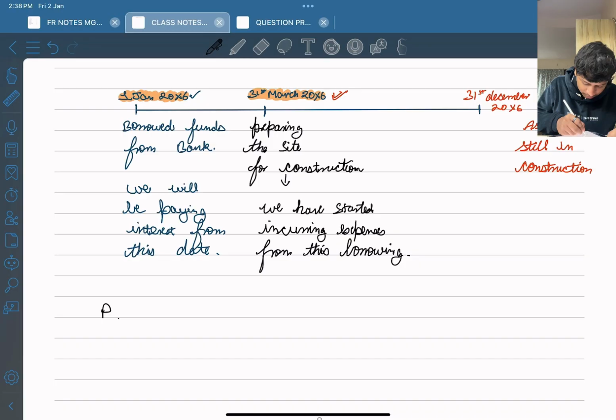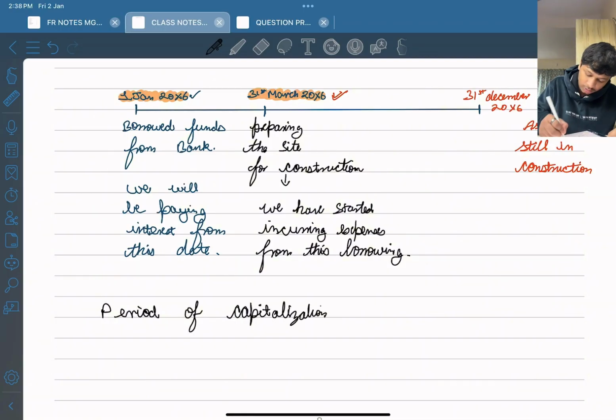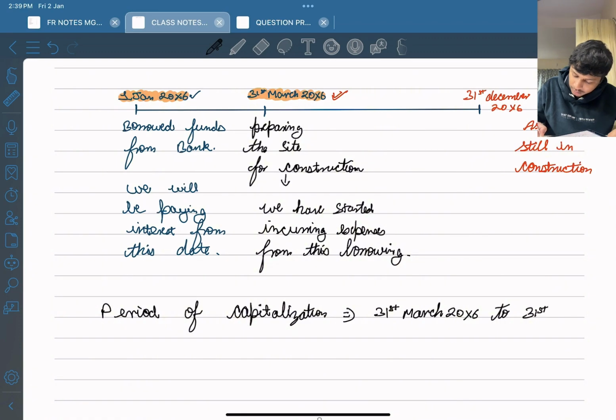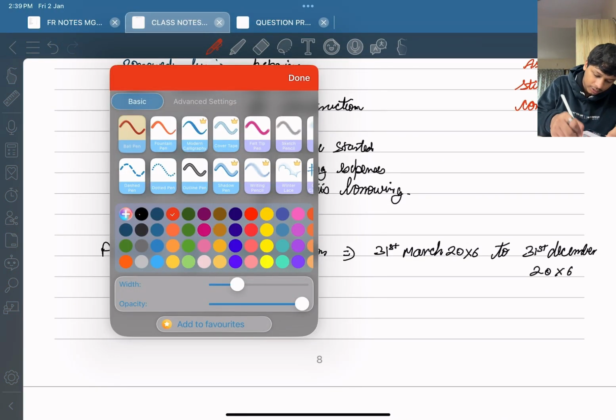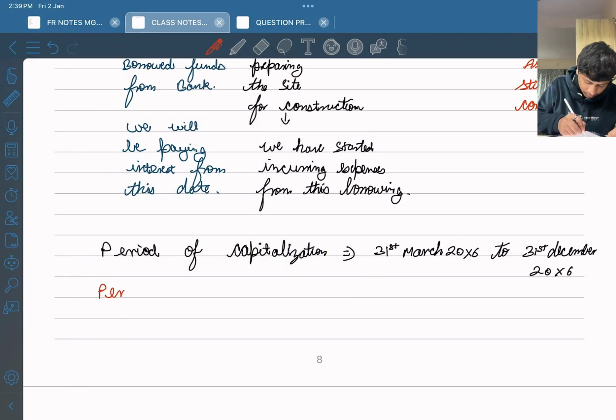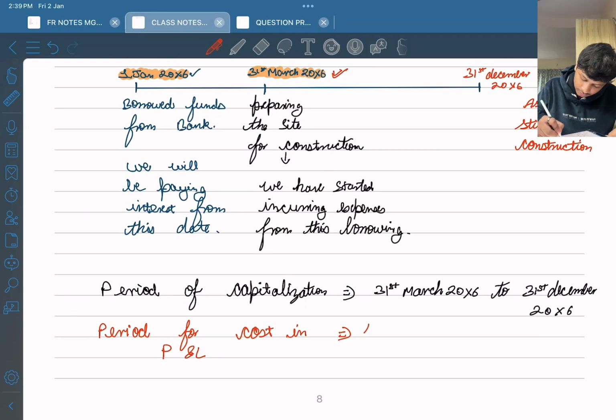The period of capitalization would be from 31st March 20x6 to 31st December 20x6, and the period for cost in P&L will be 1st January 20x6 to 31st March 20x6.